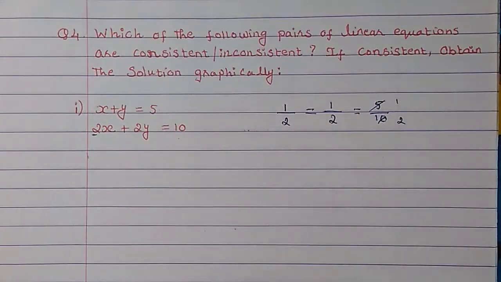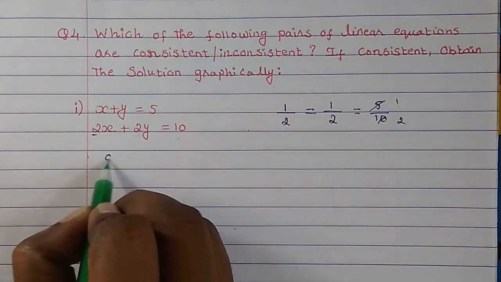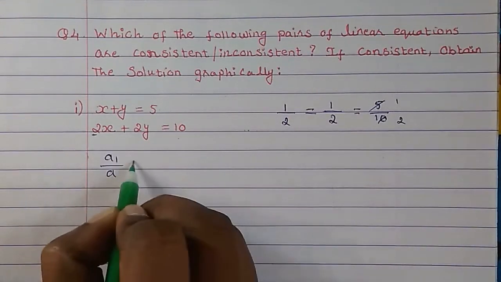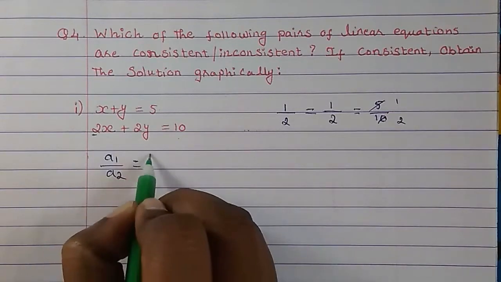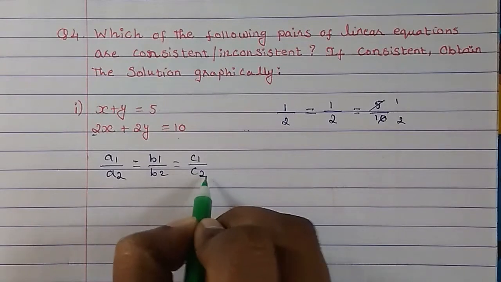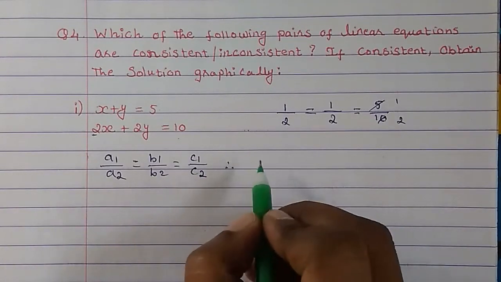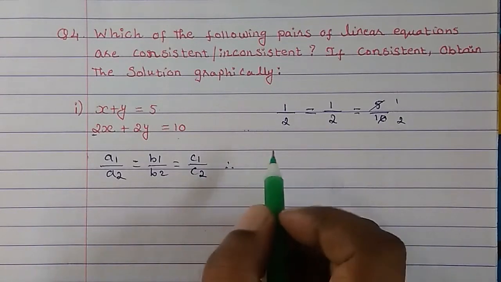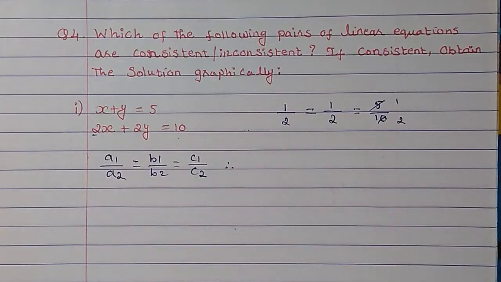So our condition is A1 upon A2 is equal to B1 upon B2, which is equal to C1 upon C2. So therefore this equation is consistent, because what is the condition? When all three are equal.